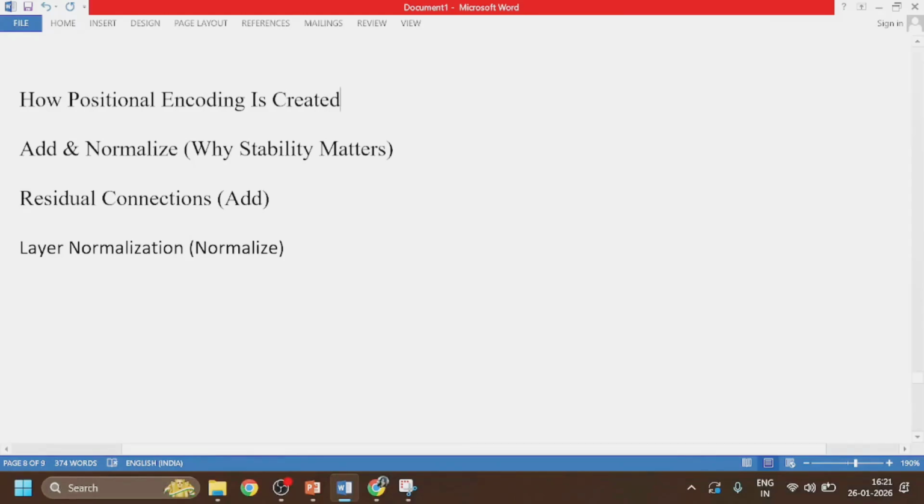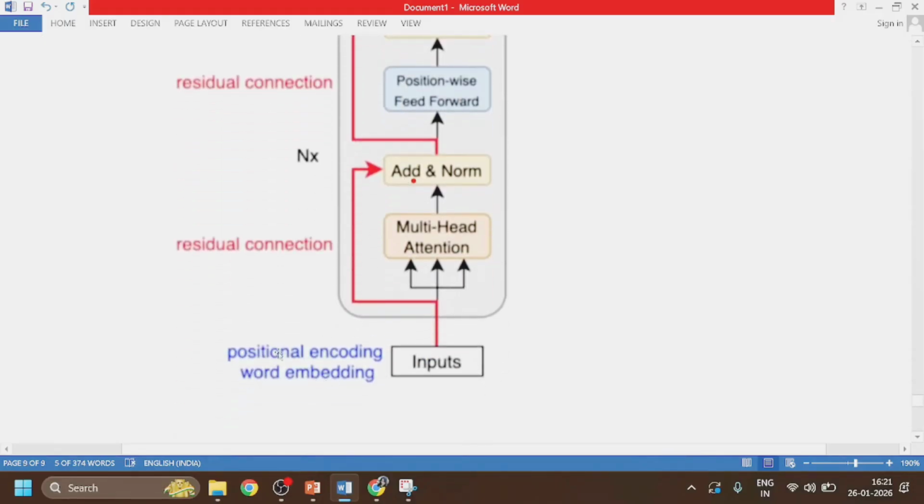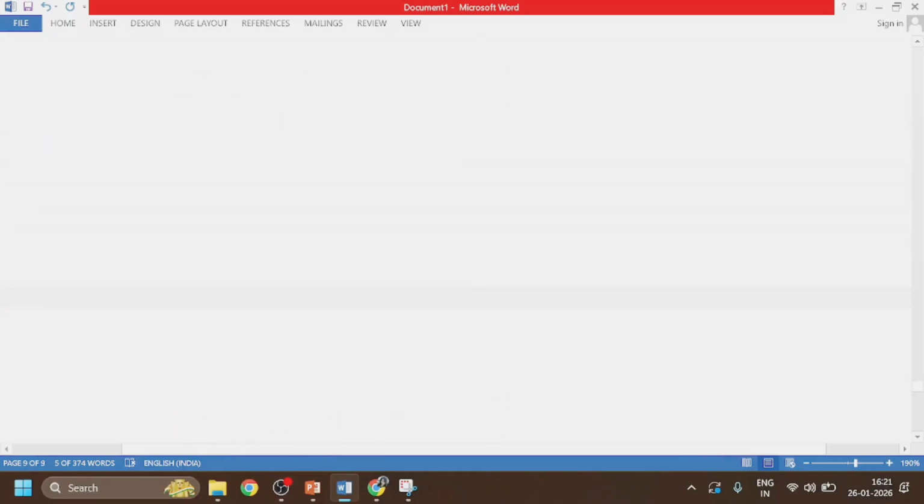Now we are going to move on to this point: how positional encoding is created. Positional encodings are created using sine and cosine functions. This creates a smooth and unique pattern for different positions.